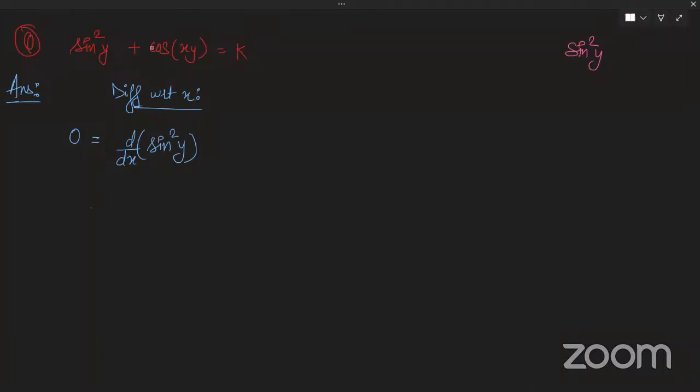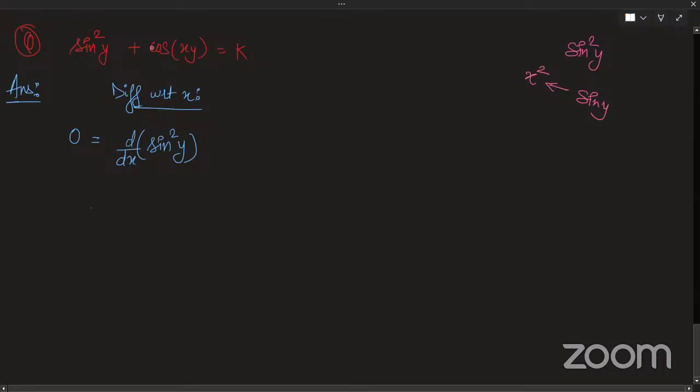Actually, your derivative is with respect to x, not with respect to y. Can you think again? Sin y is inserted inside the square. Great. Is this correct?